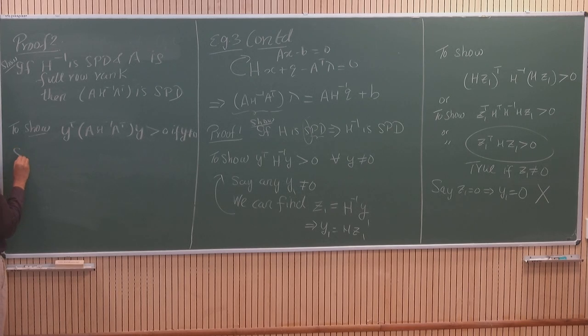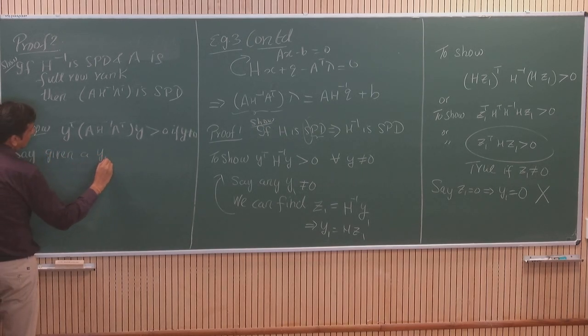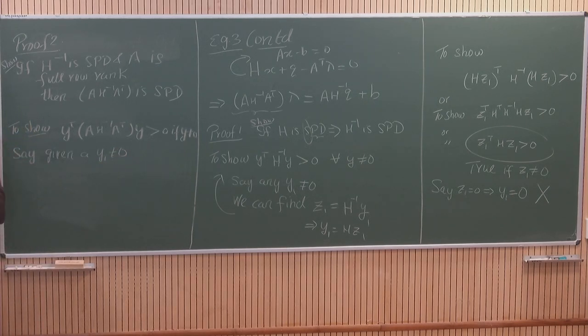So we'll say true for, given a y1 which is not equal to 0. Now what should we find as our z1 to make things easier? This is the one which is bothering me.